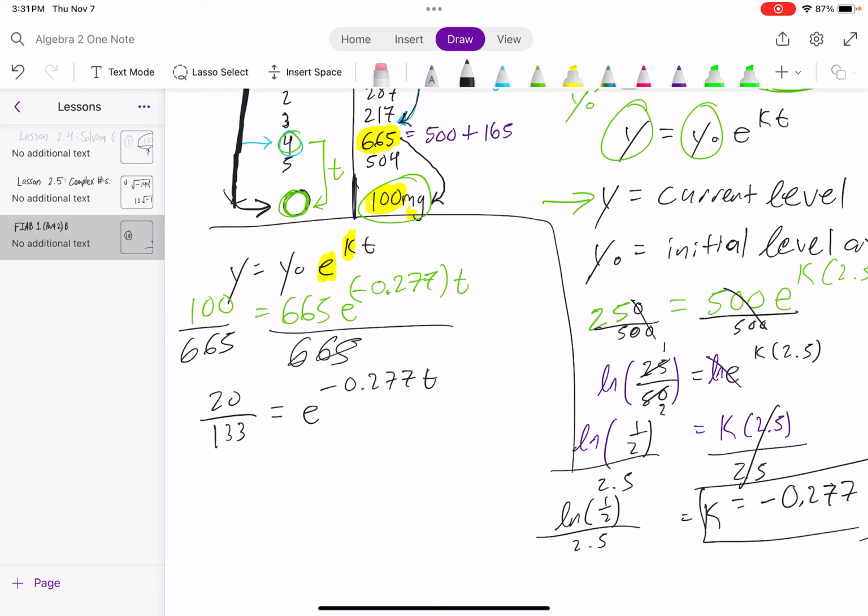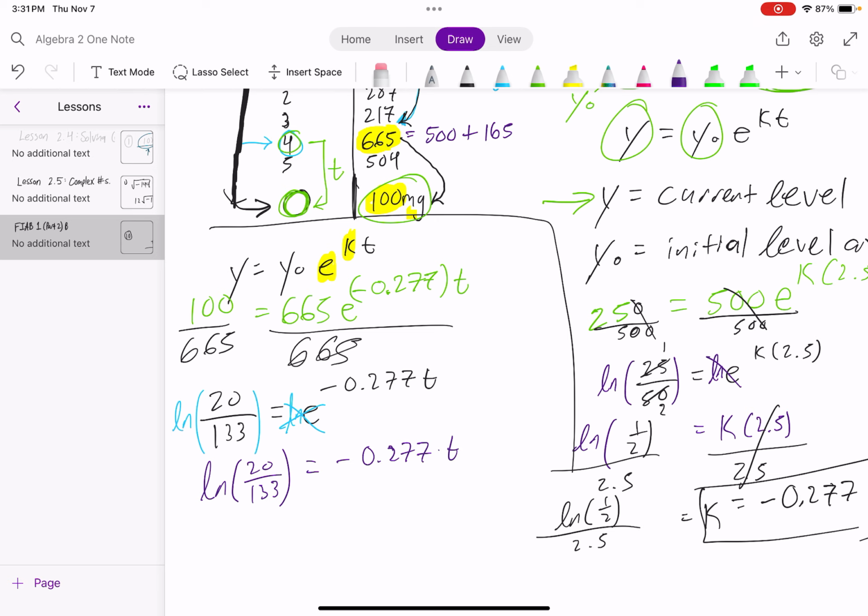If we want to get rid of that, we're going to ln both sides. ln. These cross out. And we're left with ln of 20 over 133 is equal to negative 0.277 t.